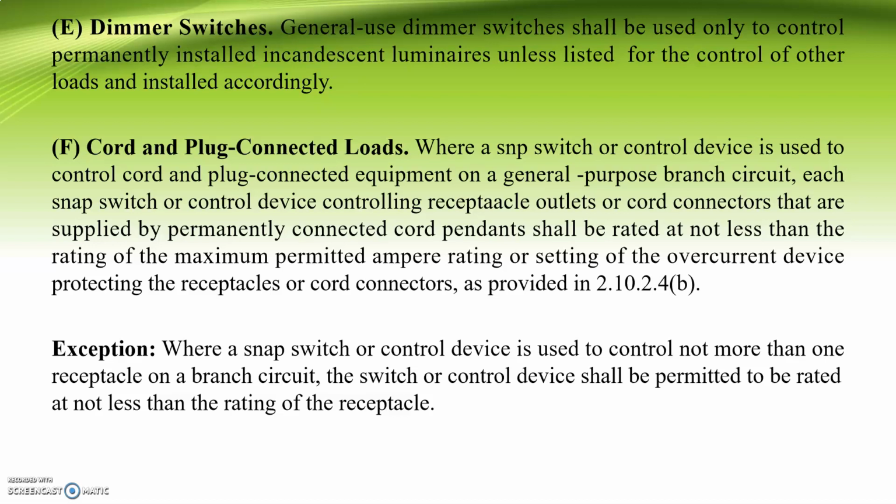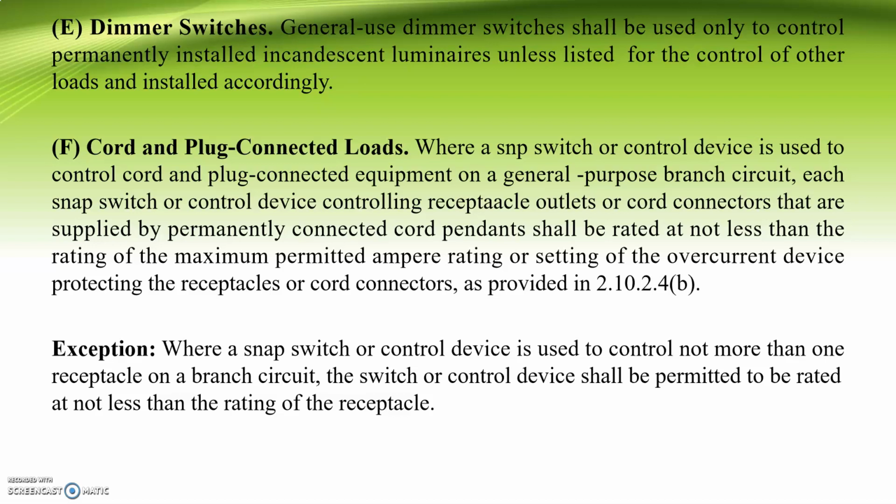F. Cord and plug connected loads. Where a snap switch or control device is used to control cord and plug connected equipment on a general purpose branch circuit, each snap switch or control device controlling receptacle outlets or cord connectors that are supplied by permanently connected cord pendants shall be rated at not less than the rating of the maximum permitted ampere rating or setting of the overcurrent device protecting the receptacles or cord connector as provided in chapter 2.10.2.4b.